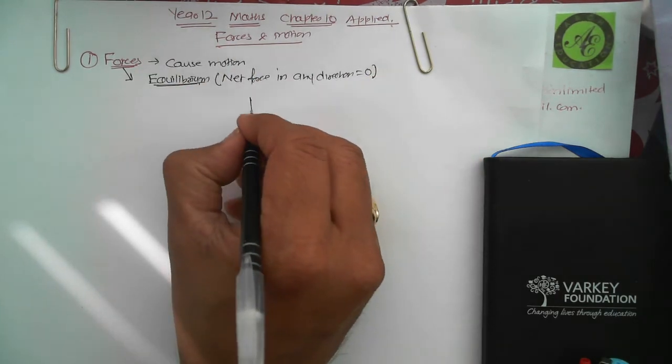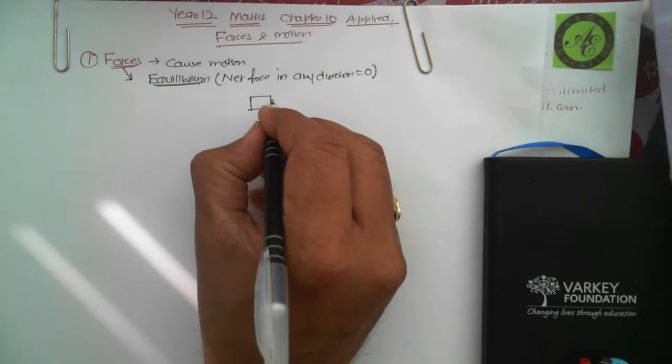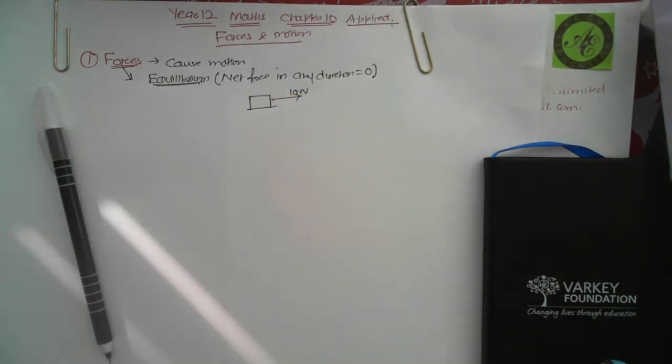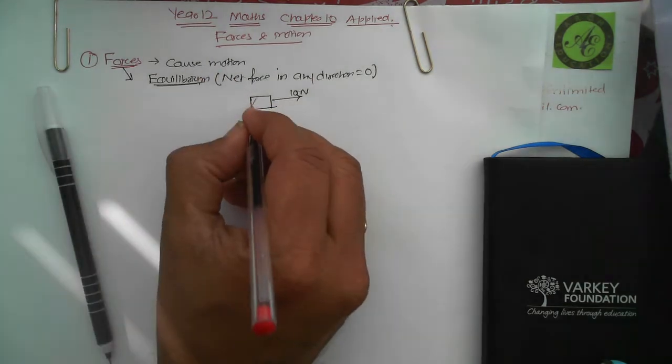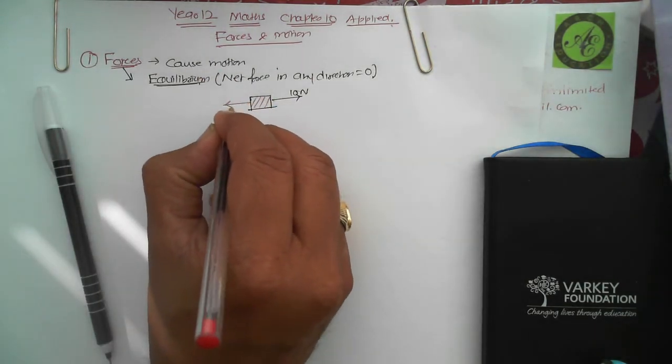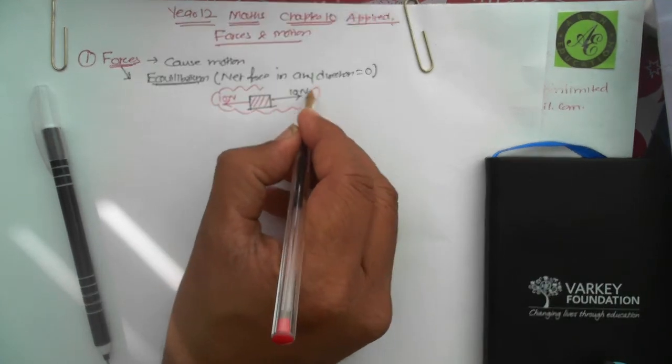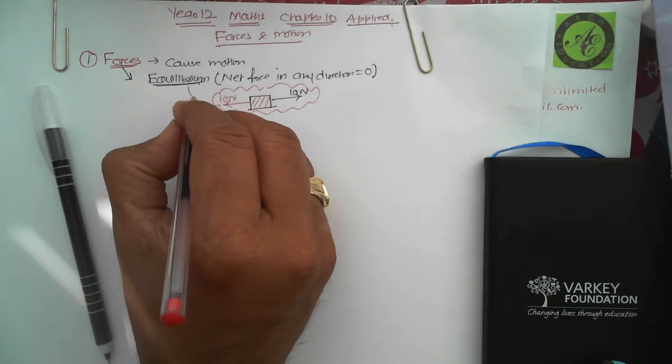Simple example, if there is an object and somebody pulls it with a force of 10 Newtons, and there's another person who comes, he doesn't want this object to be moved, he pulls it back with a force of 10 Newtons and there will not be any movement. So this is a situation of equilibrium.